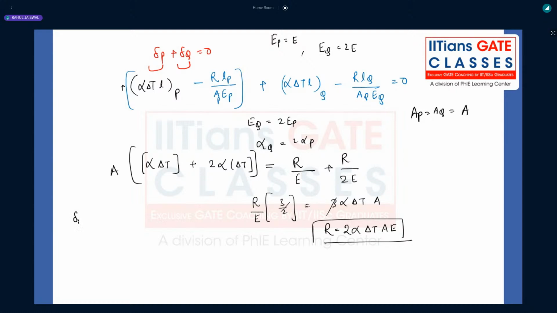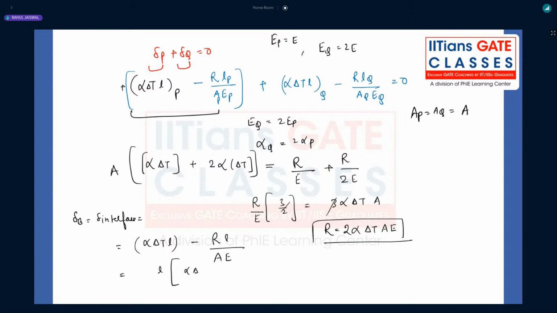Deflection at the interface. If you think of deflection at the interface, then what we can write? We can write like this. Suppose, for example, alpha into delta T into L minus R L divided by A E. L, I can take outside.